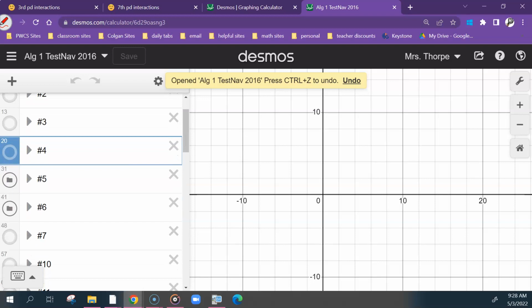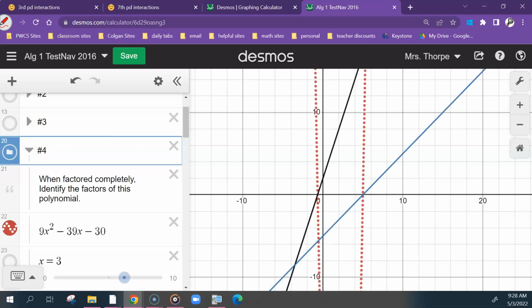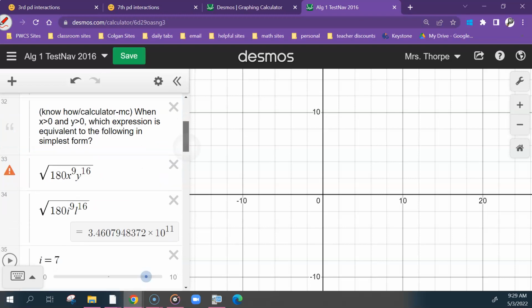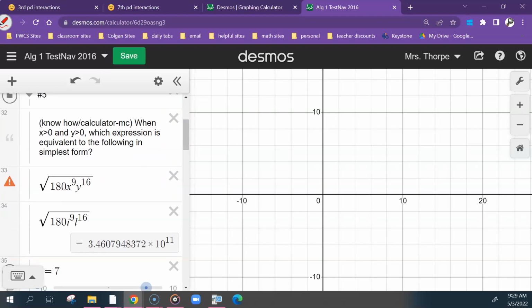Alright, number 4. This is one where you could put this into Desmos. But if you put it into Desmos, not number 4, for number 5, if you put it into Desmos as is, it won't do anything for you.